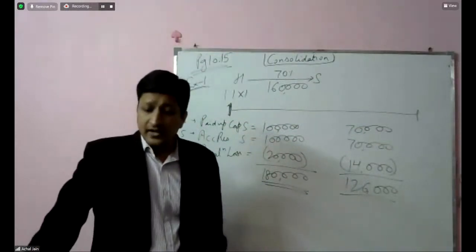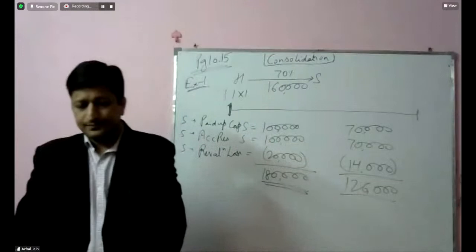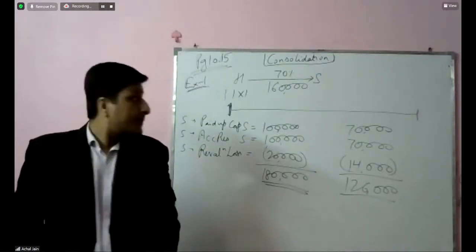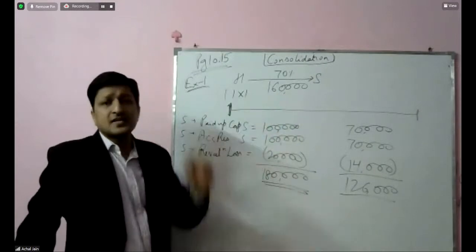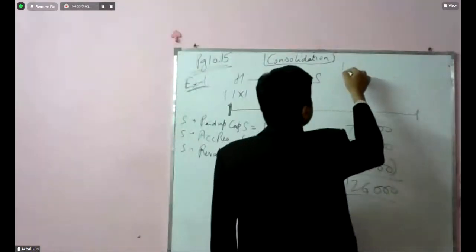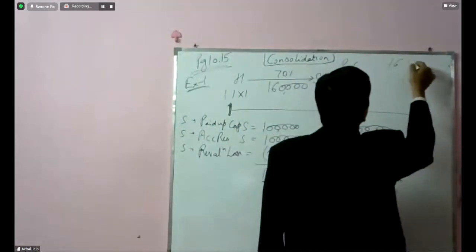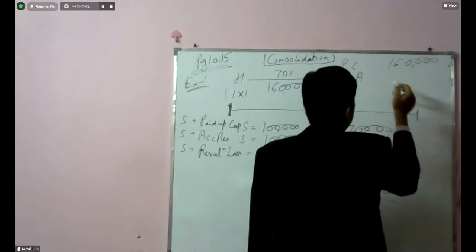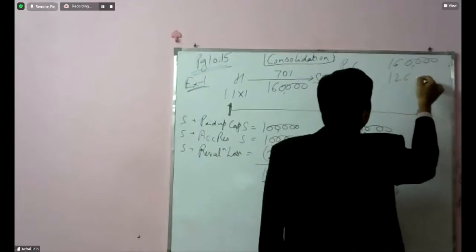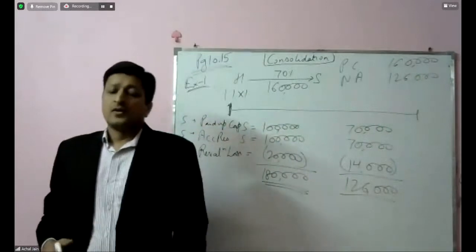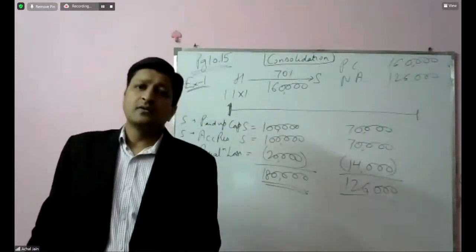Now in this scenario, if you look at it, H has paid 1,60,000. So what is the purchase consideration? 1,60,000. And the net assets which have been acquired are 1,26,000. So what do you get in this scenario?